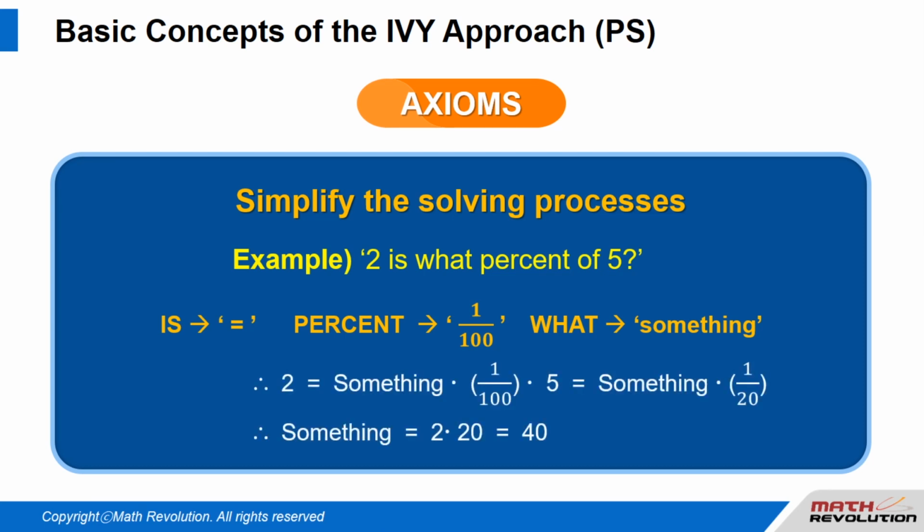If we apply these conversions, we get a simple equation. 2 equals something times 1 over 100 times 5 equals something times 1 over 20. That is, something equals 2 times 20 equals 40. This conversion of the question simplifies the question and makes it easier to solve. These 3 axioms you will learn are very important and will make writing the exam much easier.